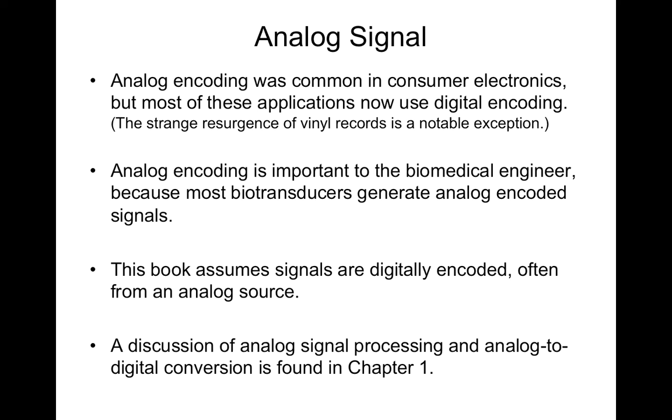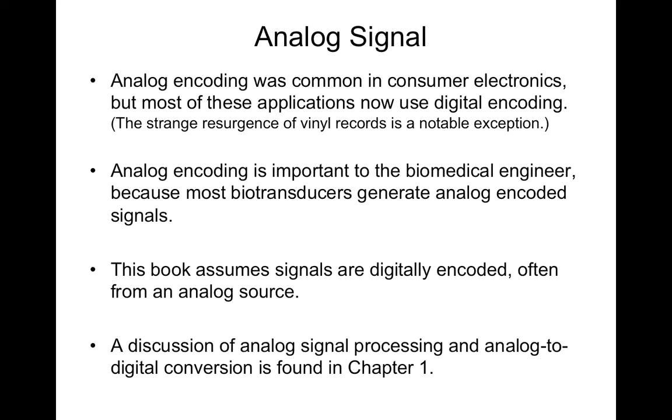In some EEG systems now, the transducer itself obviously measures an analog signal, but within the transducer you sometimes have the A to D conversion done, and so what actually comes out of the transducer now is a digital signal. In this book, it's assumed that digital signals are digitally encoded, usually from an analog source. And we talked about how this is done in Chapter 1.